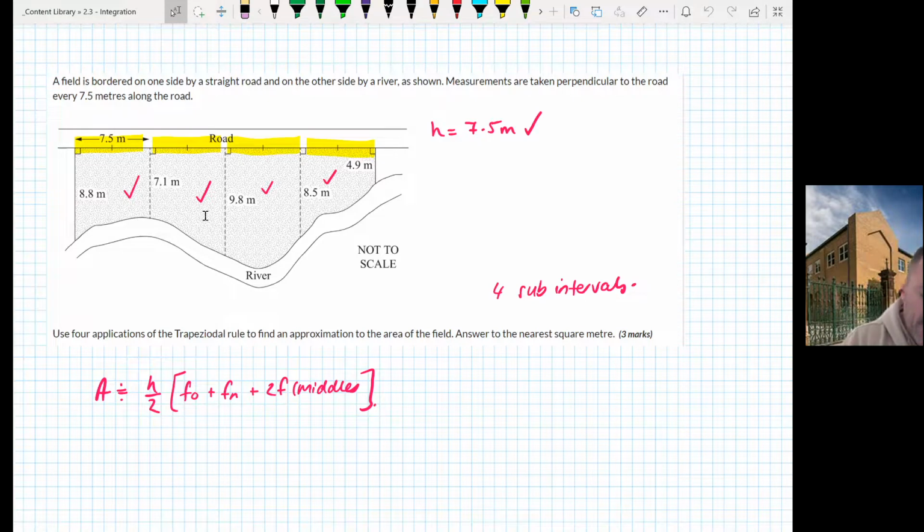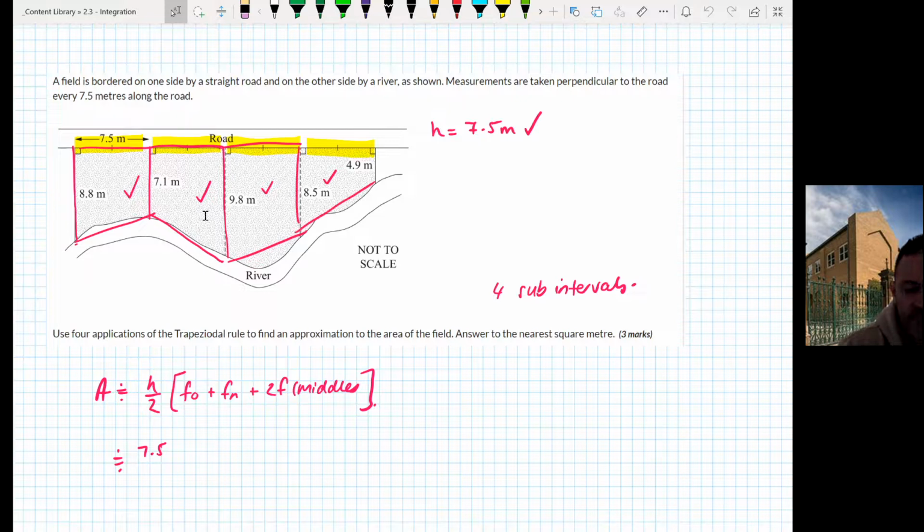So what this means is my height is simply 7.5 meters because it's the width between each of those little trapeziums. Okay, so if this is a trapezium, for example, that's what we're estimating. That's one trapezium. This is another trapezium. This is another trapezium. And this is another trapezium. Okay, it's not going to be perfect, but we're going to estimate it.